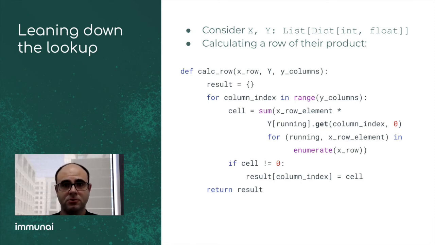One thing we could do is use a representation in which, instead of having an array as representation of each row, we have a mapping or a dictionary as the representation of each row. And in that case, as you can see in the line that's exactly in the middle of the code here, instead of doing a binary search, we do a dictionary get, which in Python is an O(1) operation.